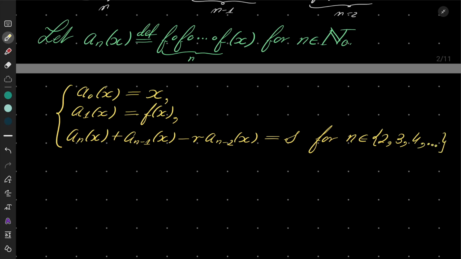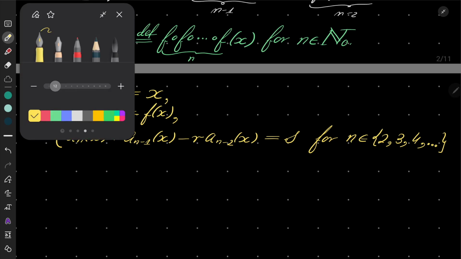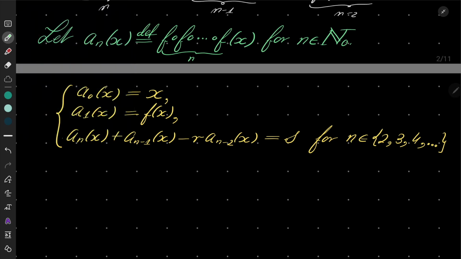And now, this is a linear recursion because these numbers which stand here, here, and here, they are just some numbers. They do not depend on x, they do not depend on n.